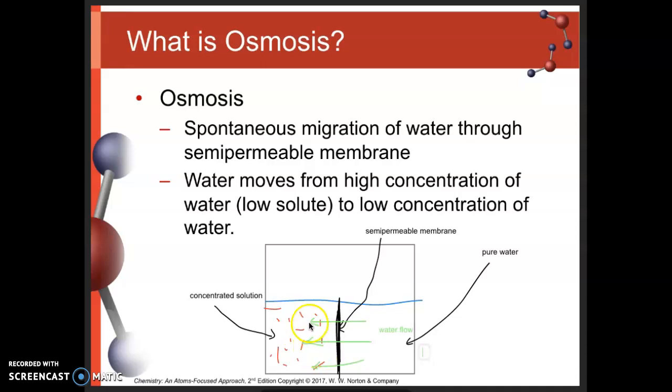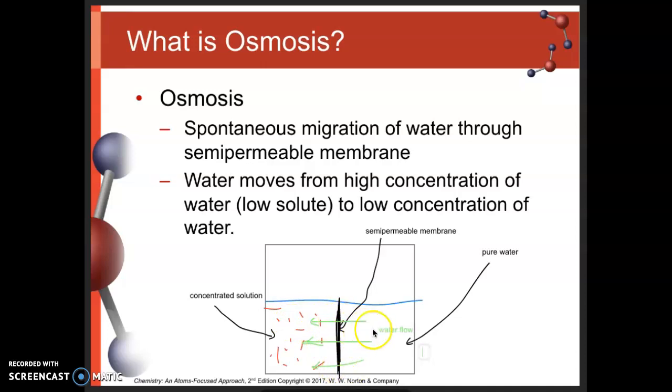Now, the question you might ask is, well, why don't the solute particles go the opposite direction? Well, that's where that semi-permeable membrane comes in. A semi-permeable membrane is one that has holes in it that are large enough to let water molecules through, but small enough, generally speaking, to keep other particles from transmitting through that membrane.